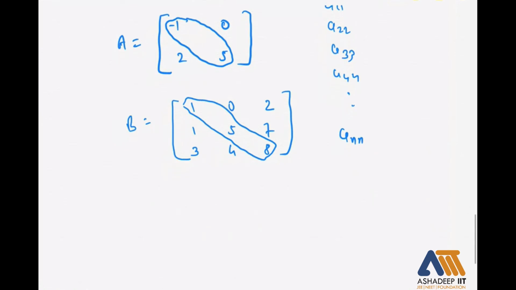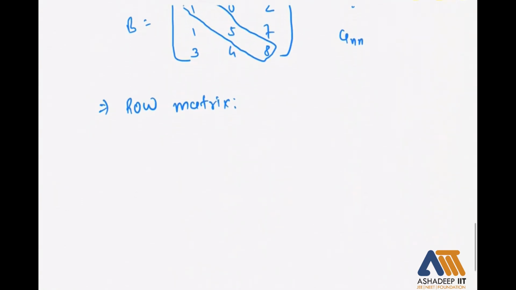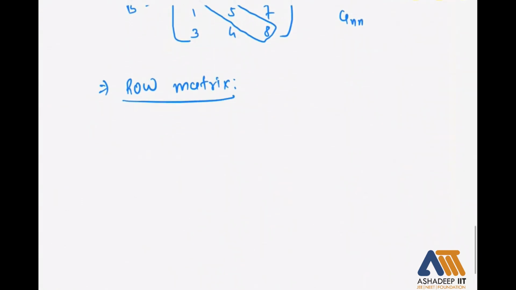Next, in any matrix, if there is only one row, then it is said to be a row matrix. These are some types of matrices. We are here discussing some types of matrices. Row matrix, that means only one row.